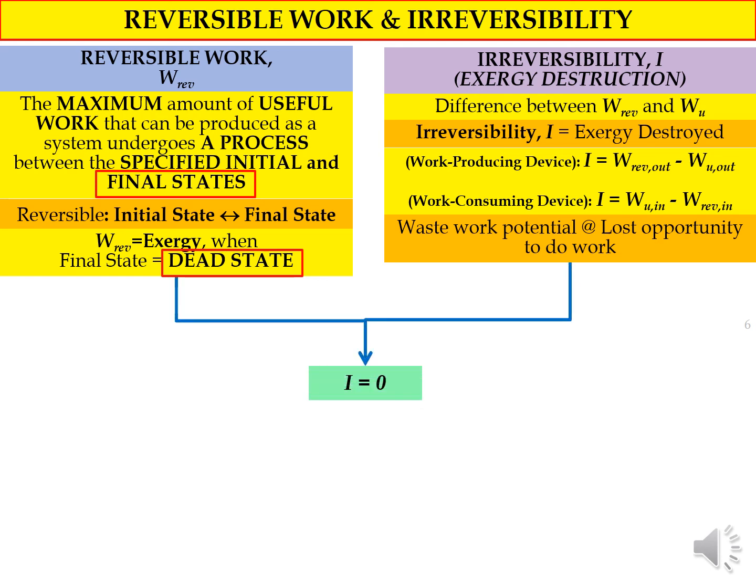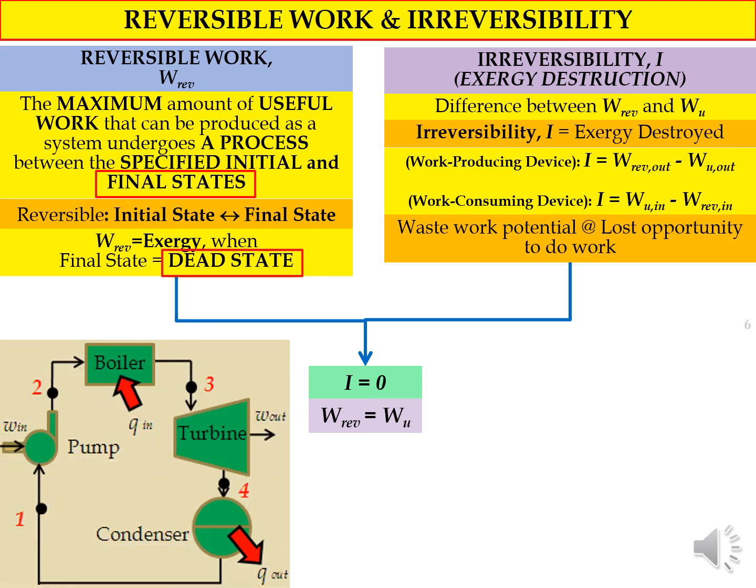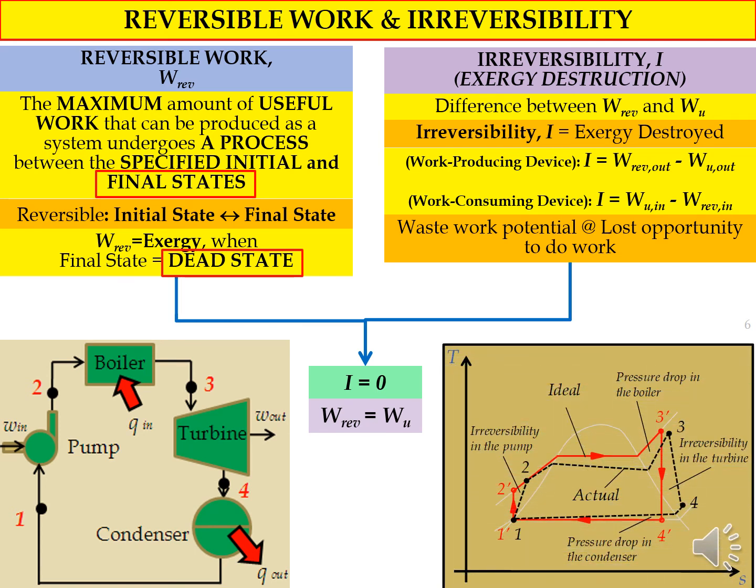So let's say the irreversibility is equal to 0. Then the reversible work will be equal to the useful work. Consider a steam turbine system. We have a pump, boiler, turbine, and condenser. Looking at the TS diagram of this system, we have states 1 prime, 2 prime, 3 prime, and 4 prime, and 1, 2, 3, and 4.